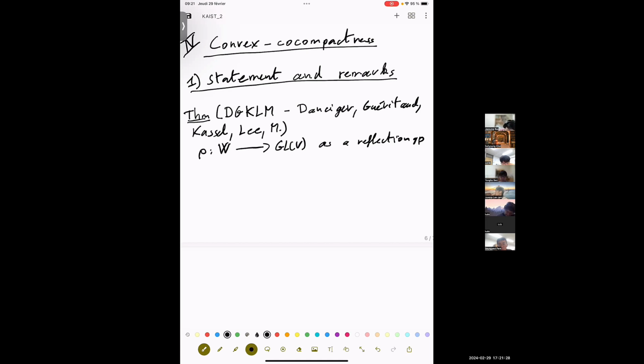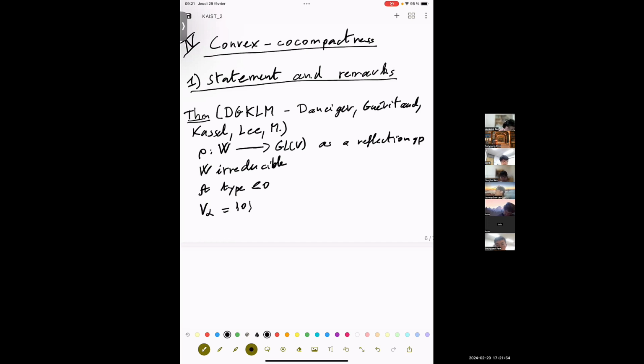So I assume that W is irreducible. So we have a version with W reducible, but I don't want to go into this fineness. I assume A is of negative type. And I assume that V alpha is equal to 0.